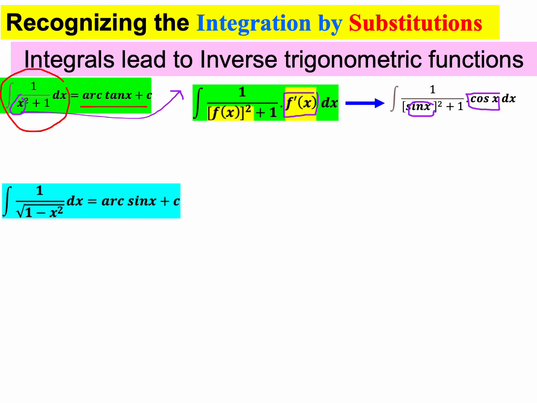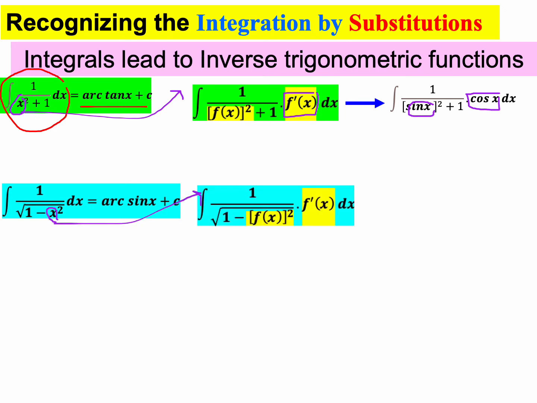Also here we know that this one will give me arc sine or sine inverse. But instead of x, if I have another function, I need to make sure that I have also the derivative of this function, so yes, we can say it is integration by substitution. For example, when we have square root of 1 minus tan, we need to make sure the derivative of tan is given to us. So yes, it is integration by substitution, because the derivative of tan is secant squared.